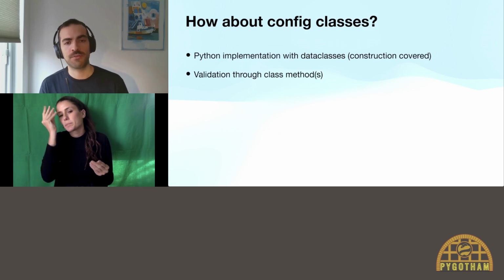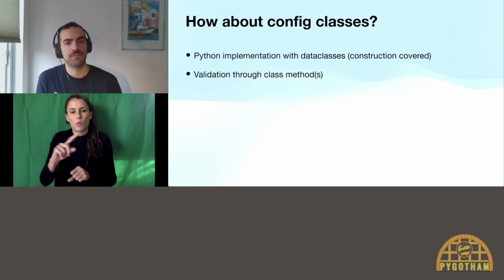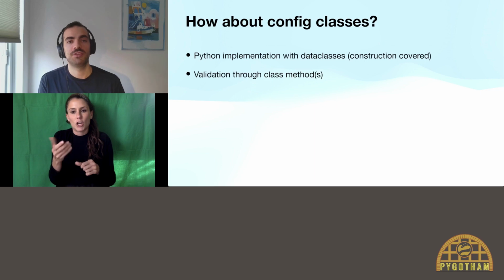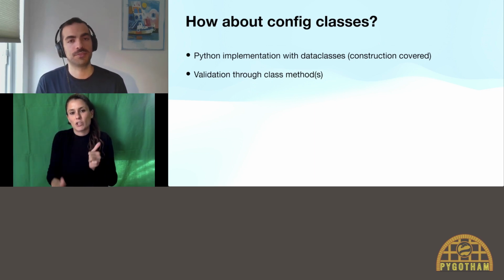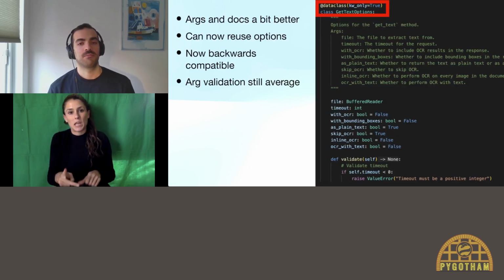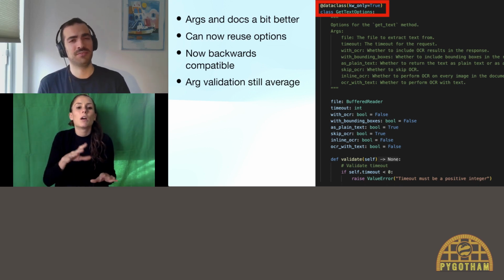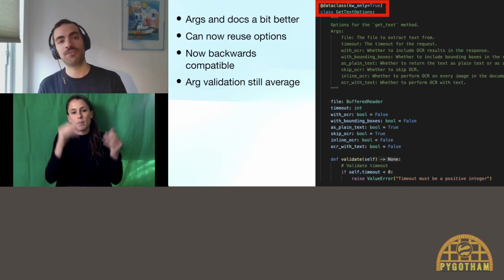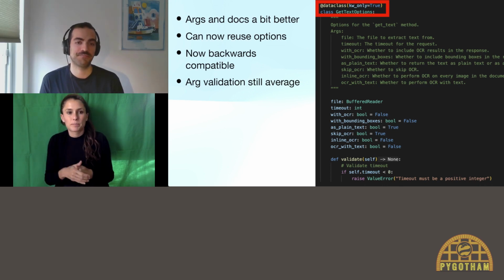He thinks about it for a while and remembers a pattern he's seen in several languages, mainly used to configure things. And that would be configuration classes. We just need a constructor that can also run validation on each one of the arguments. After implementing it, we can see the upsides and downsides. Documentation is still not great since it doesn't have good autocomplete support, but the arguments are laid out in a friendlier way for developers at least.